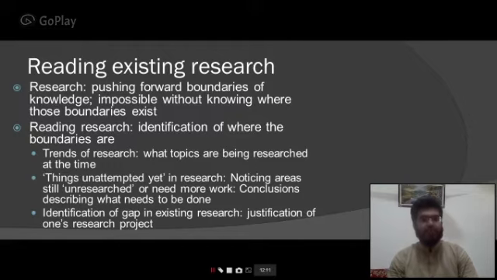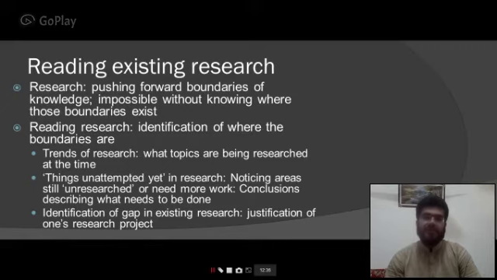So in order to see the current trends of research in that area of knowledge, you must read in order to familiarize yourself with the current status of knowledge in that particular area of your own interest.